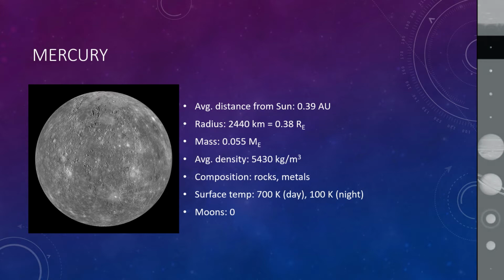This combination of rotation and orbit gives Mercury days and nights that last for about 3 Earth months each. Daytime temperatures can reach 425 degrees Celsius, which is nearly as hot as coals, and at night or in shadows, maybe along a crater wall, the temperatures can fall below minus 150 degrees Celsius, far colder than Antarctica in the winter.